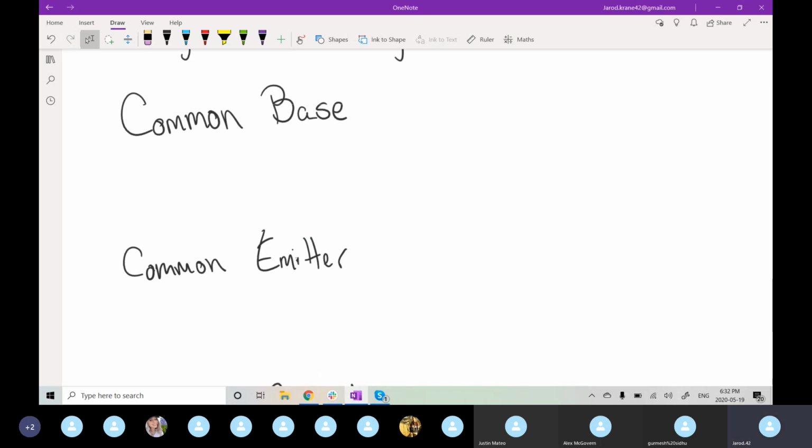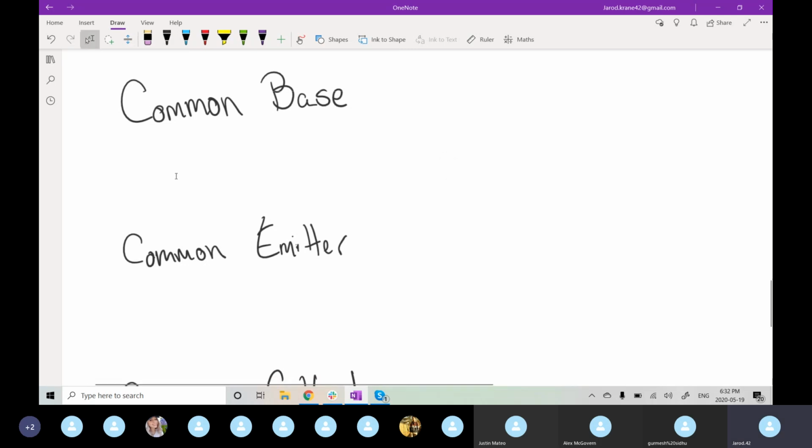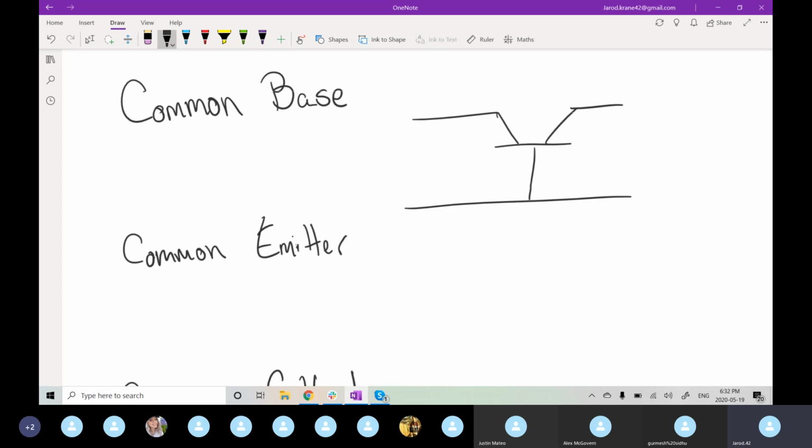So a common base is going to be basically shared through your device, input to out.